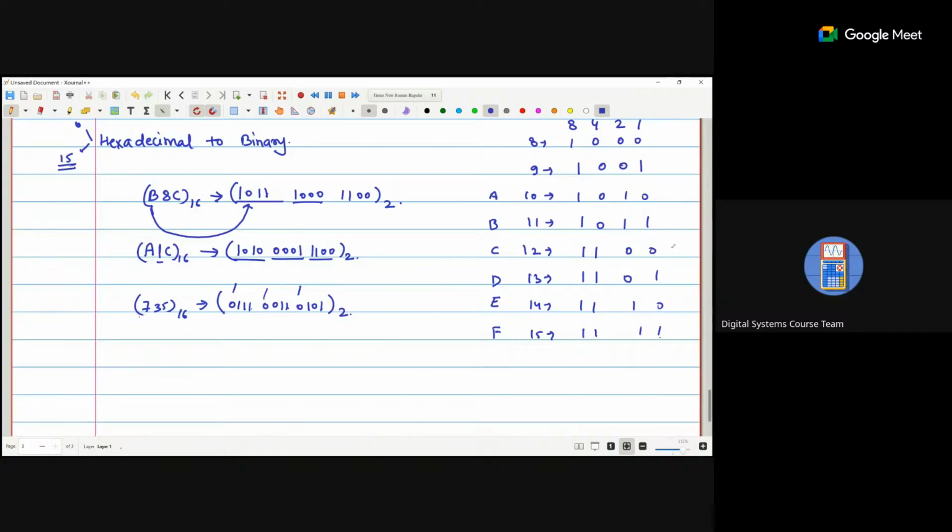Now binary to hexadecimal is similar. First of all, make groups of 4 bits and represent each with the respective hexadecimal value.